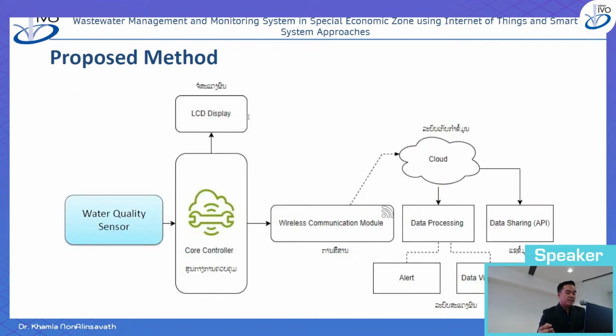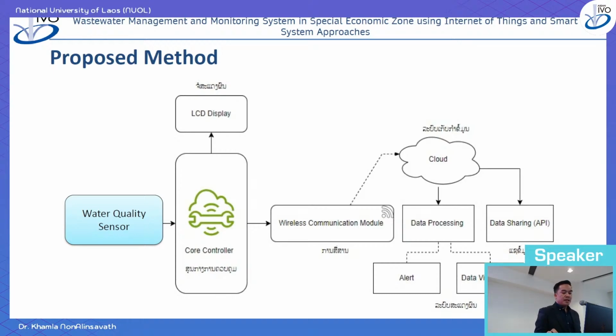Here is our proposed method. We use sensors, especially water quality sensors, to monitor water quality for real-time monitoring and real-time response using a core controller through a wireless communication module.